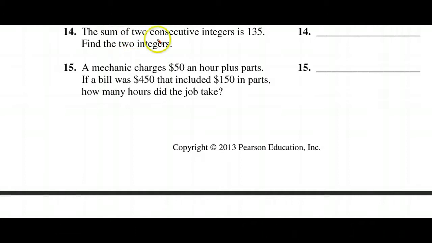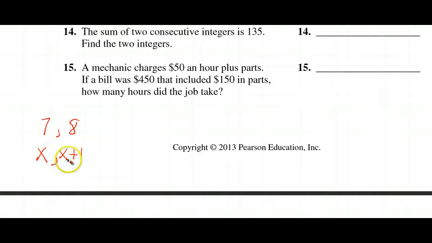Now, two consecutive integers. We had said that if this is a 7, and a consecutive integer would be 8, that if 7 were x, how would we write 8? Well, we said we would write it x plus 1.